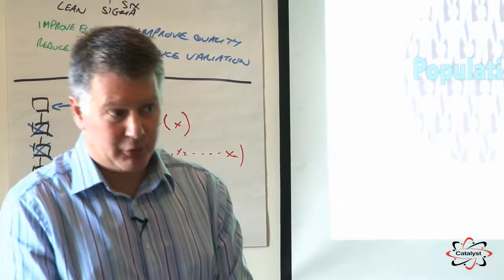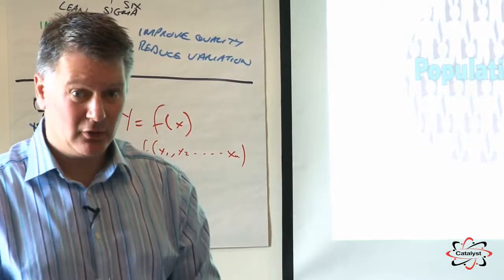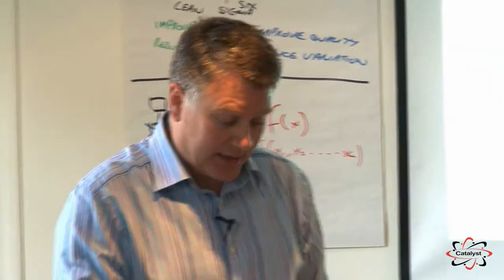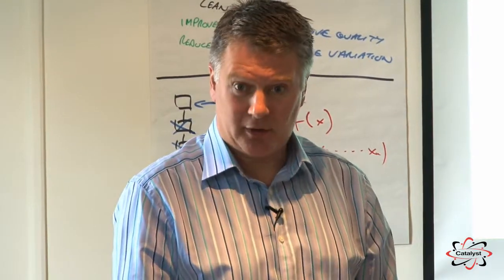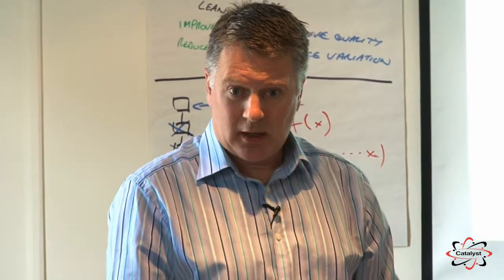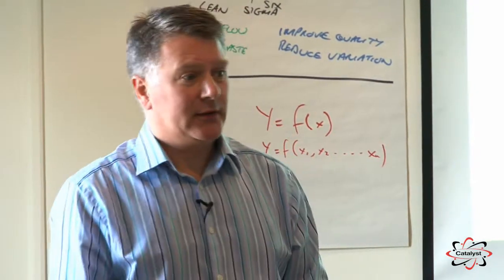So two things are important if that estimate is going to be a useful estimate. A, was the sample taken in a way that genuinely represents the process? And B, how big was the sample size?